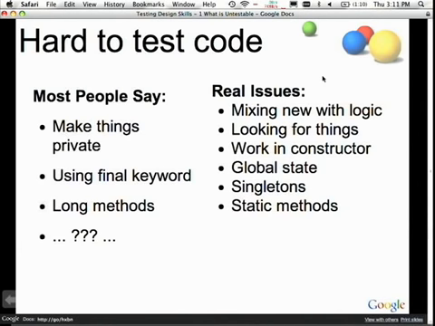So here's the kind of problem. I don't want to get into it too much because there's a couple of slides later that we're going to cover this. But the basic issue is this. If you have a leaf method, such as math.absolute value, piece of cake to test, right? Because it's a leaf. It doesn't call anybody else.